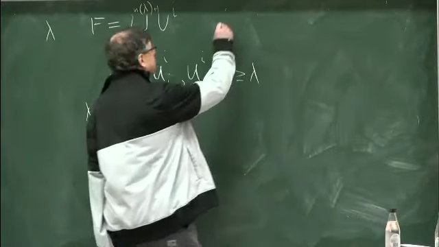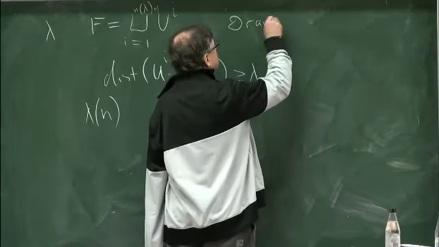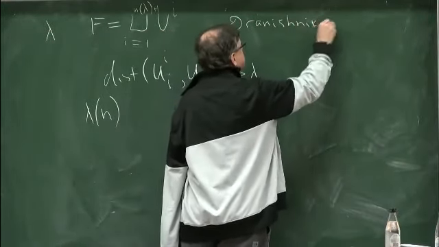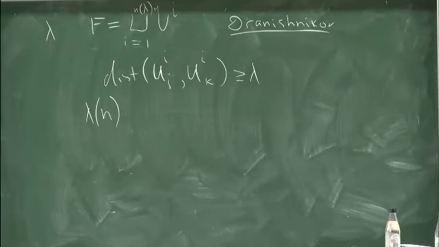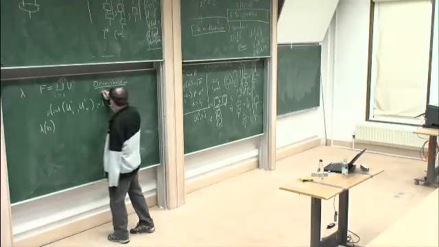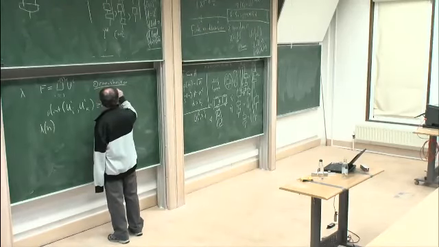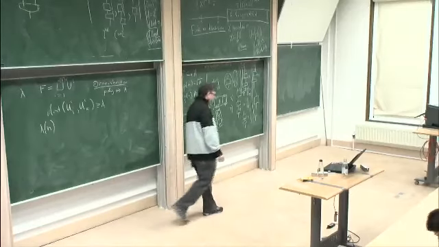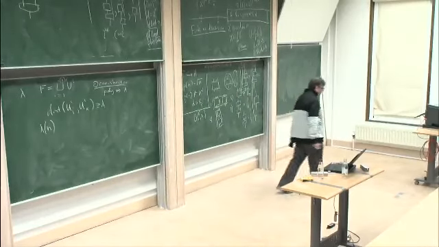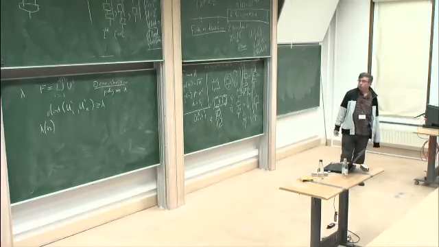Dranishnikov proved that if you have a group with a polynomial function like that, so not just constant but polynomial, then it satisfies property A. So what is this function?